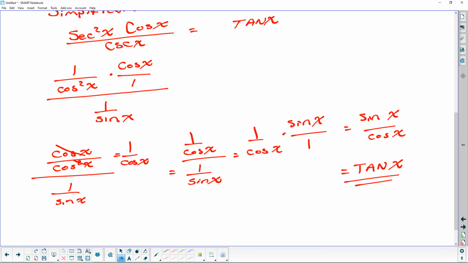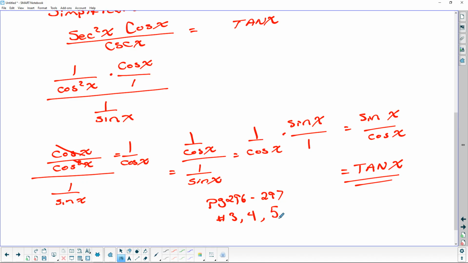So this is on page 296, 297. Okay. So for practice, just do 3, 4, and 5.